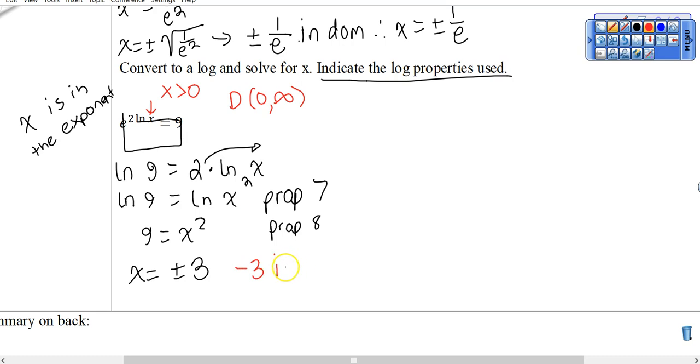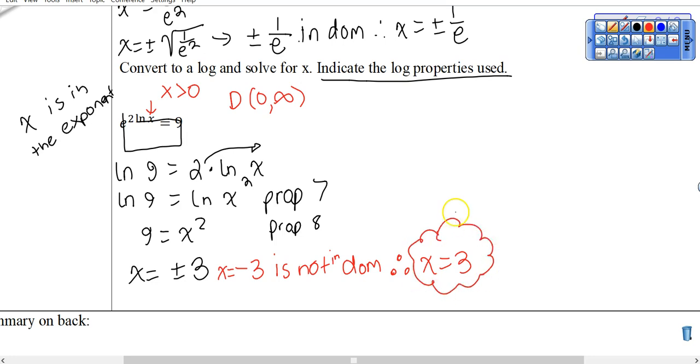Negative 3 is not in the domain. 3 is in the domain. Therefore, x equals 3 is the only solution because x equals negative 3 is not in the domain. And so sometimes you get to keep one answer and you have to throw the extraneous one out.